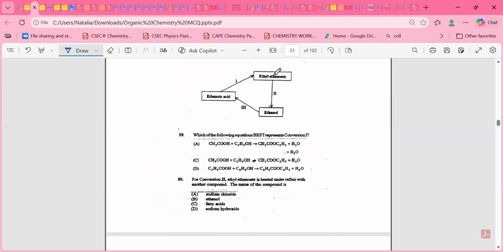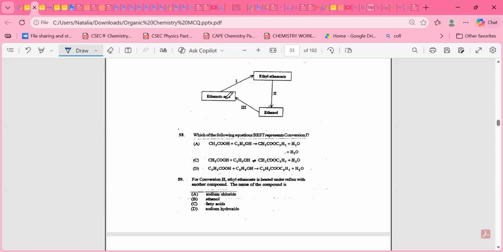We have ethanoic acid going to form ethyl ethanoate. In that case, we have to react it with ethanol. Ethyl ethanoate can form ethanol using hydrolysis of this ester, whether alkaline or acid hydrolysis will give us ethanol.